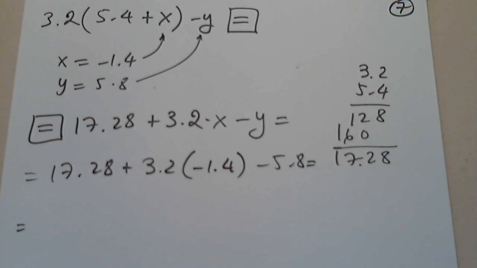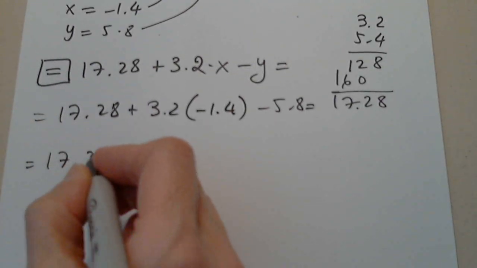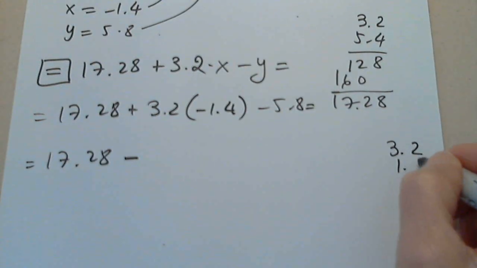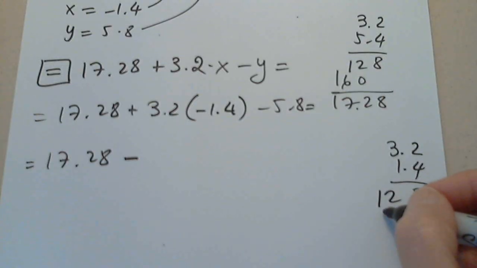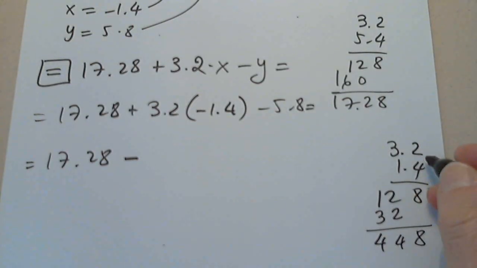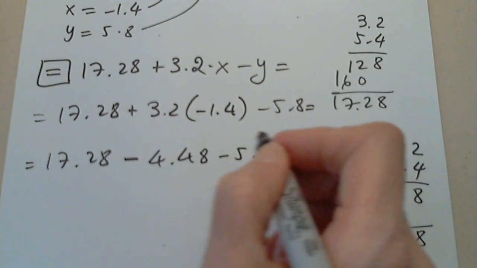Yes. Okay. Good. So then 17.28, this is a negative number. So I multiply 3.2 by 1.4. 2 and 3, and I have 4, 4, 8. Two decimal digits, so 4.48 minus 5.8.